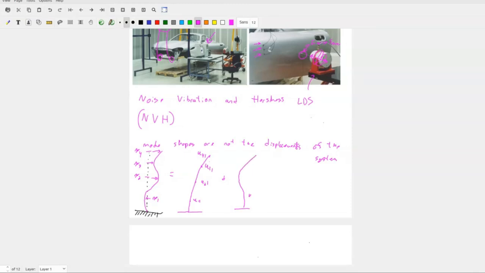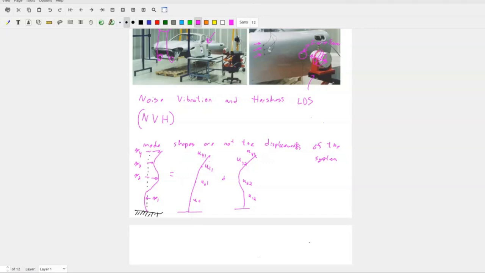Now my second mode looks a little bit like this. And again, I'm going to have U12, U22, and now this 2 on the back side, the second 2 in the subscript, is telling you that this is the second mode. So it's my modal displacement U at point 3 for my second mode, so U32, and then U42.